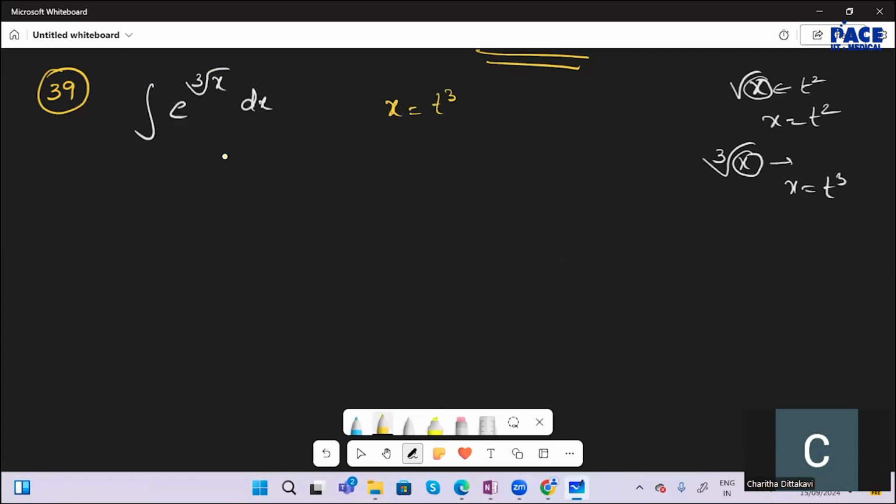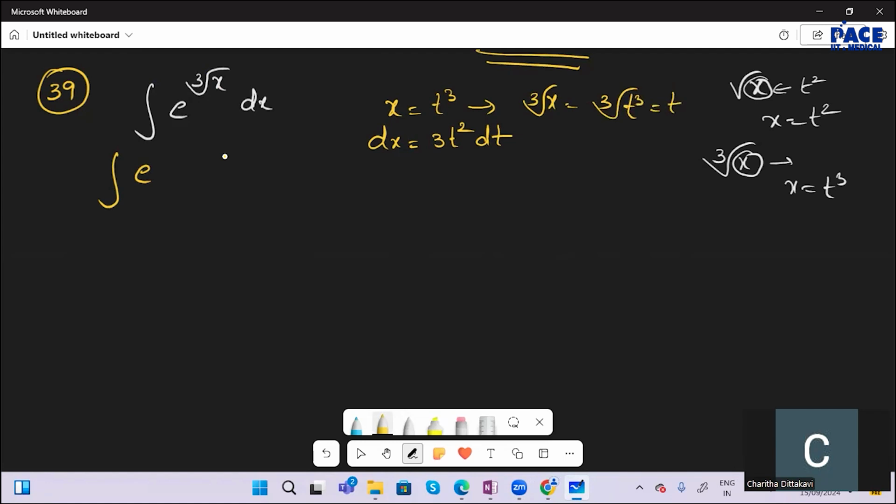So x equal to t cube, obviously dx equal to 3t square dt. Just substitute now, e power cube root of x. What is cube root of x? It is cube root of t cube, which is nothing but t.